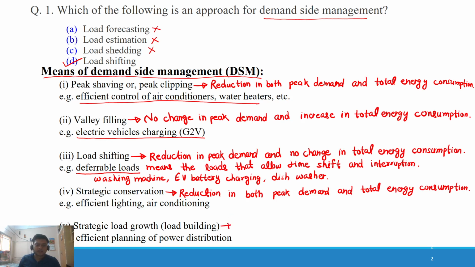In this case, we are shifting our load curve upwards, not downwards. In strategic conservation, we shift the load curve downwards, and in strategic load growth, we shift the load curve upwards.